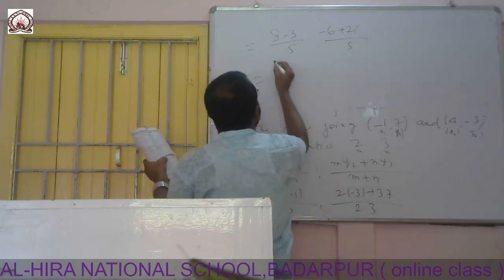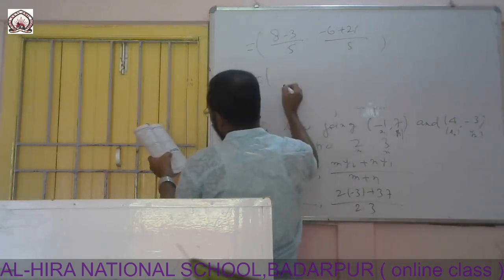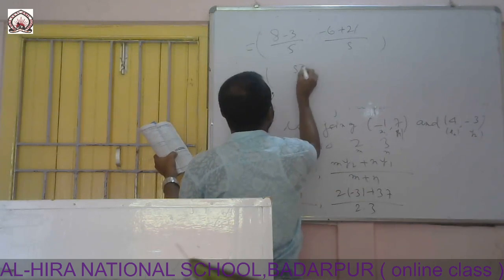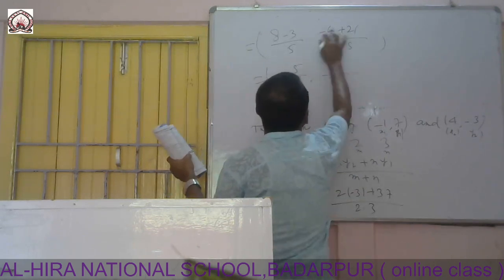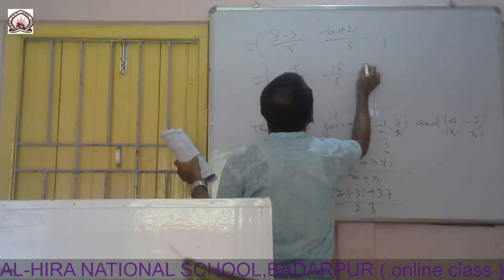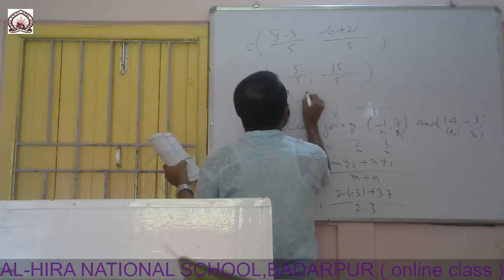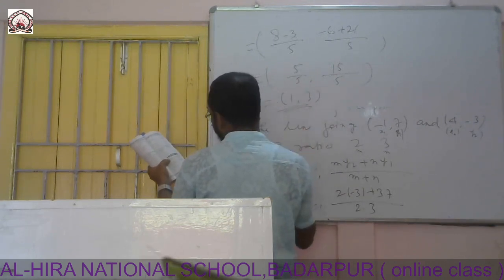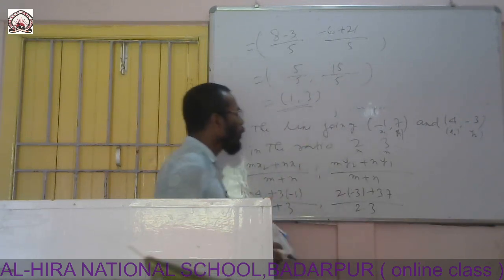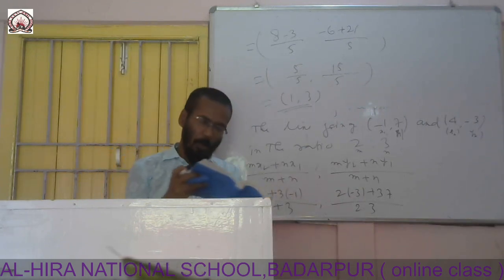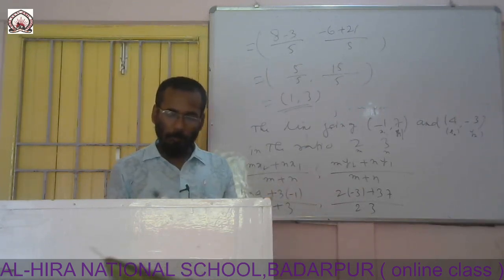So this is 5 by 5 and 21 minus 6 is 15 by 5. 5 by 5 is 1, and 15 by 5 is 3. So the point is (1, 3). By the section formula we are getting the point (1, 3).